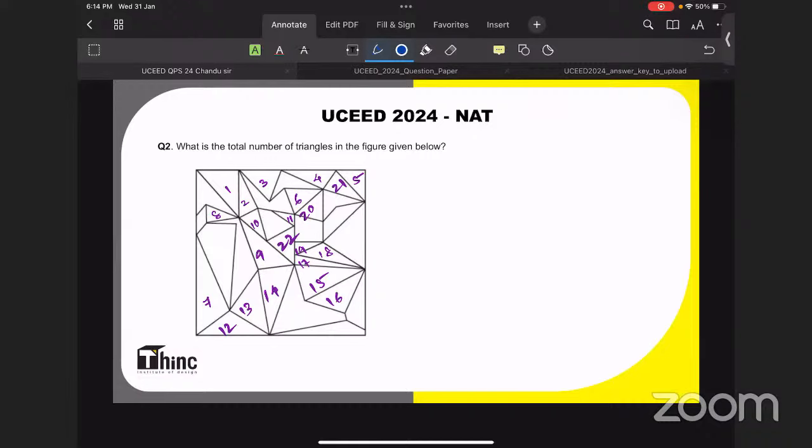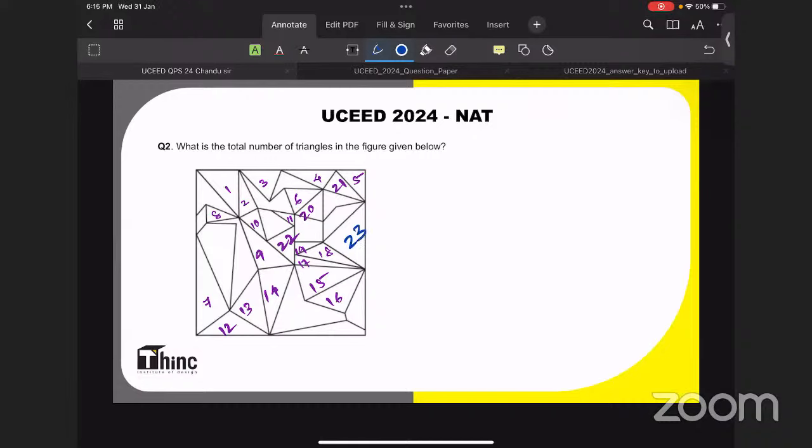Let me take it again. 1, 2, 3, 4, 5, 6, 7 here, 8, 9, 10, 11, 12, 13, 14, 15, 16, and so on. 17 here, 18 here, 19 here, 20, 21, 22, and the big one, 23.